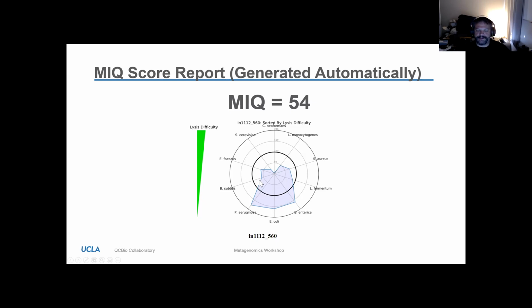So what I would say about this one is we're heavily biased towards easy to lyse. Not surprising, lysis bias is probably about the most common bias in microbiome research. I also see a dent here, or a big divot taken out. And this missing slice of the pie is C. neoformans. So I'd say C. neoformans is probably the hardest thing in here to lyse.